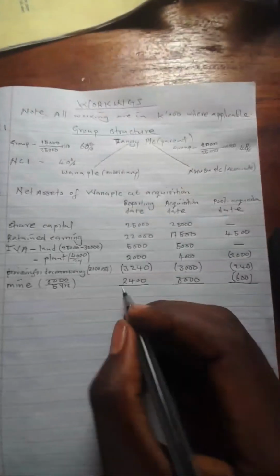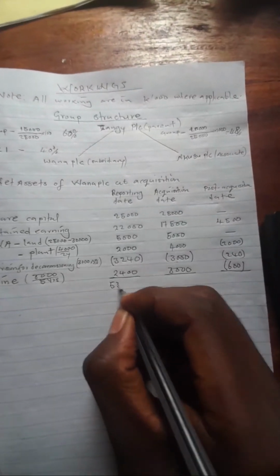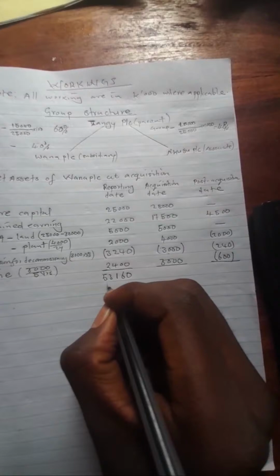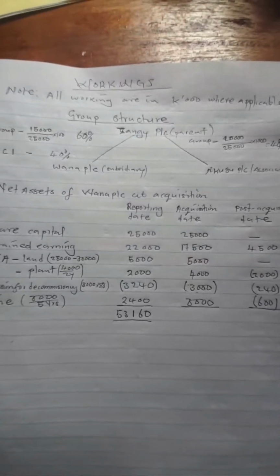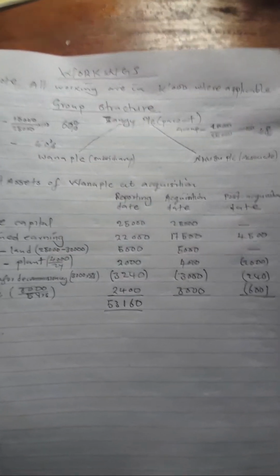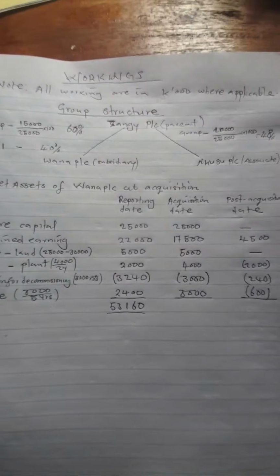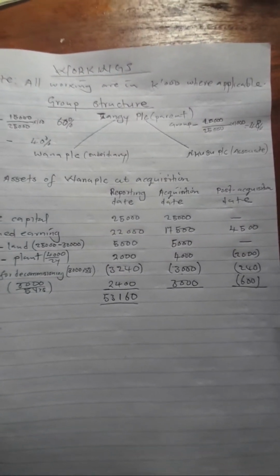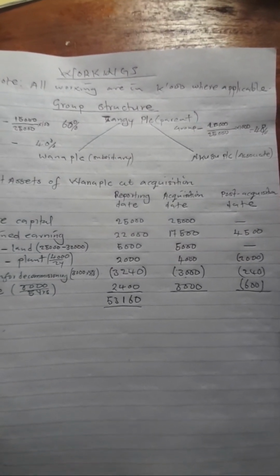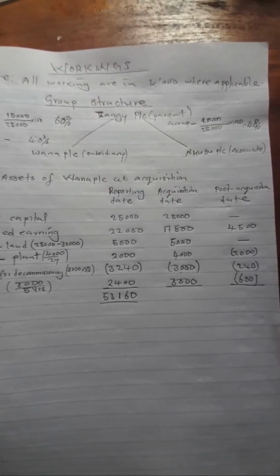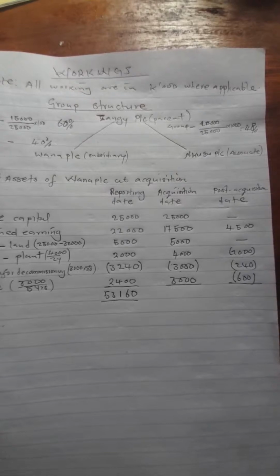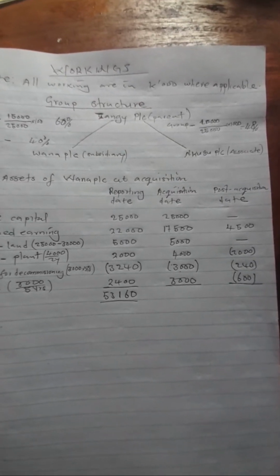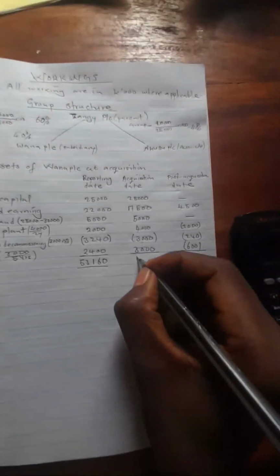I'm getting 53,160 here. And then at acquisition, when you say 25,000 plus 17,500 plus 5,000 plus 4,000, okay, that is 51,500.